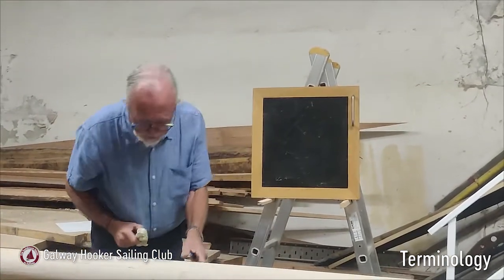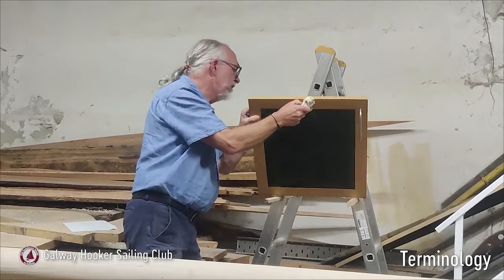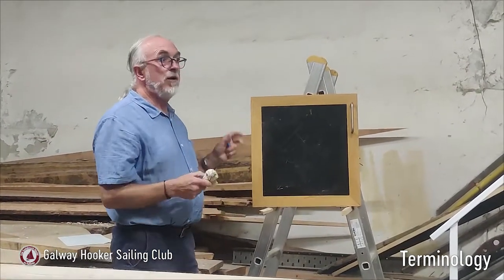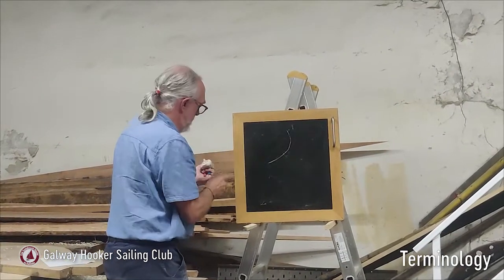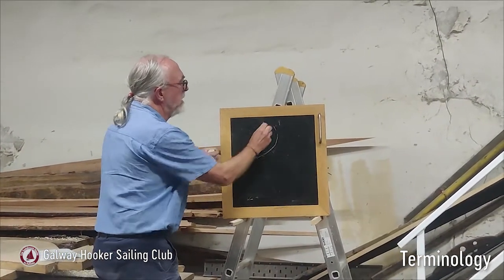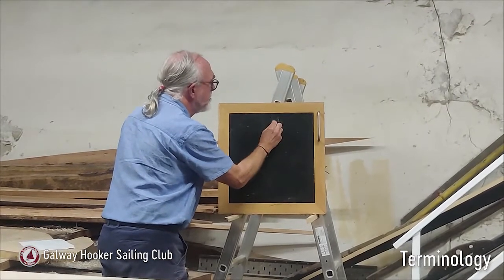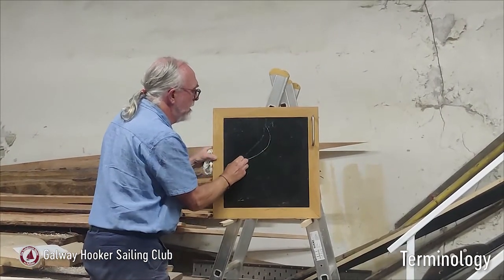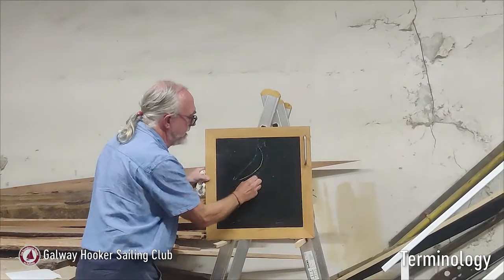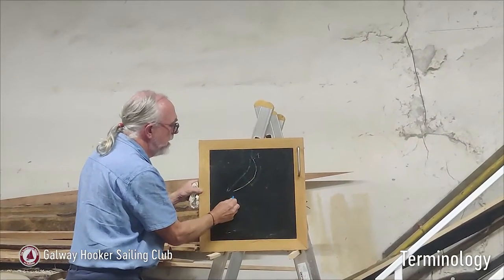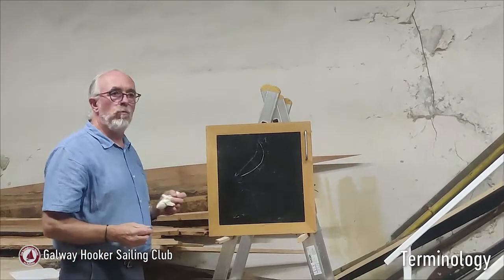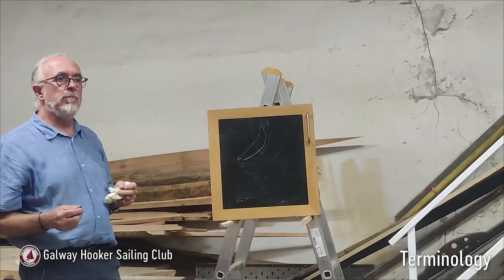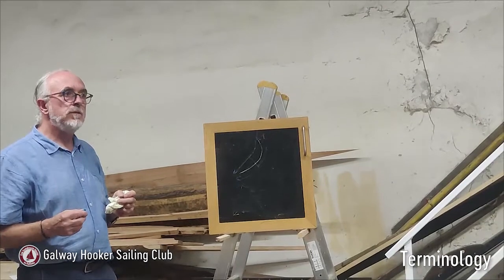Remember I drew this diagram where I said that this is the sail, and this is the wind, and it comes around the sail like this. In the situation where we're sailing upwind, we want that sail in as hard as possible.